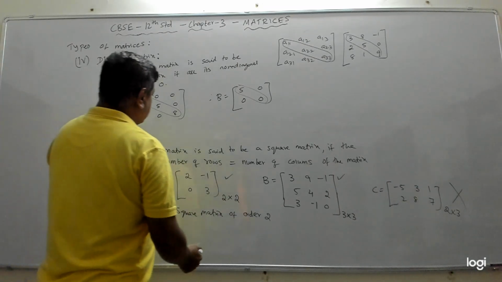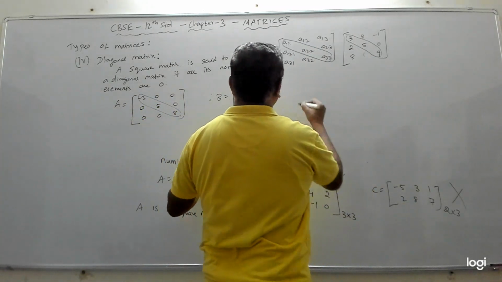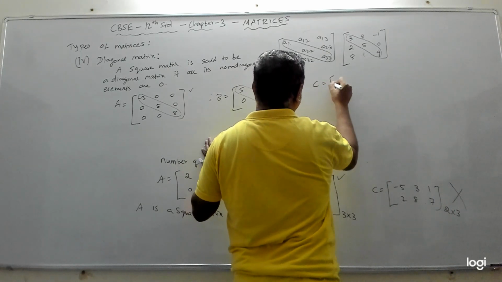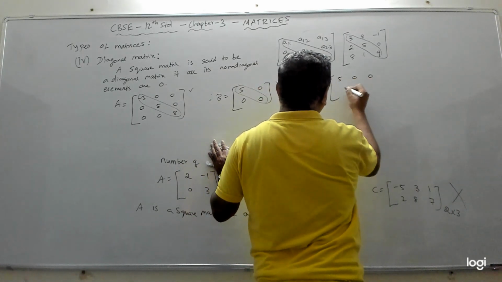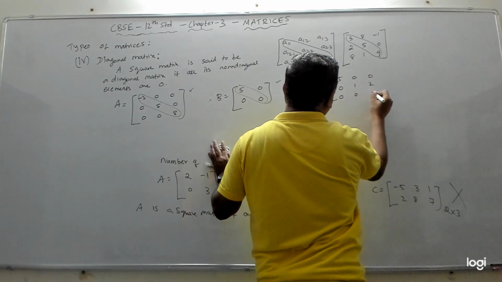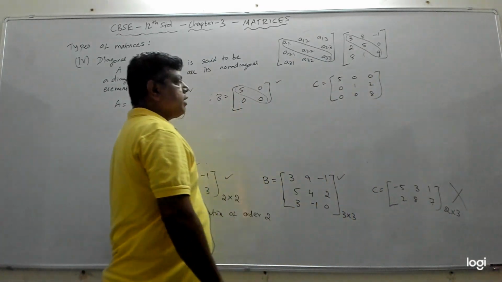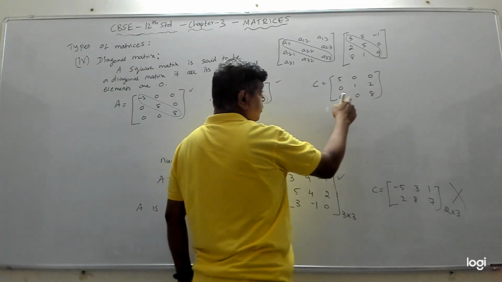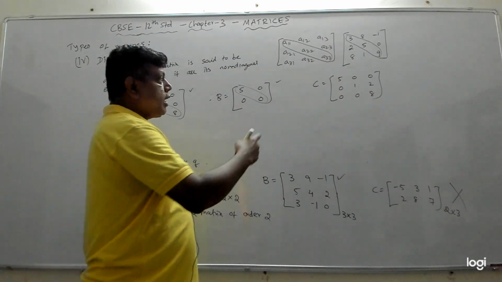So in general, suppose I have another matrix. This is a diagonal matrix, and this is a diagonal matrix. Suppose I have C like this: 5 0 0 0 1 2 0 0 8. Is it a diagonal matrix? It's a square matrix. Now, is it a diagonal matrix?